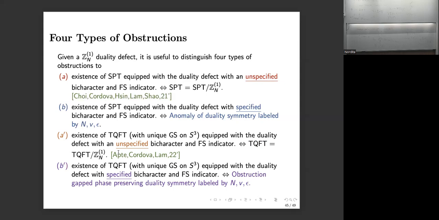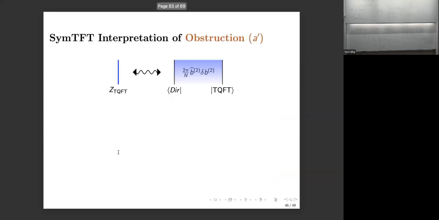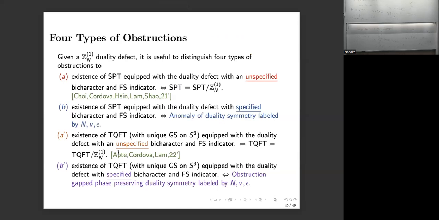But the questions B and B prime are a little bit harder to study, and they will be discussed in the talks by Francesco and by Poshen next week. So please look forward to that. And so these are the 4 questions that we can ask for a given duality defect.